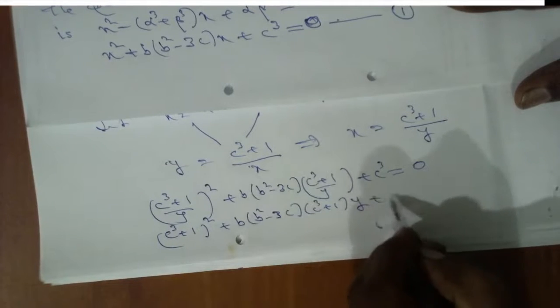So c cube y squared plus b times b squared minus 3c times c cube plus 1 y plus c cube plus 1 all squared equals 0.